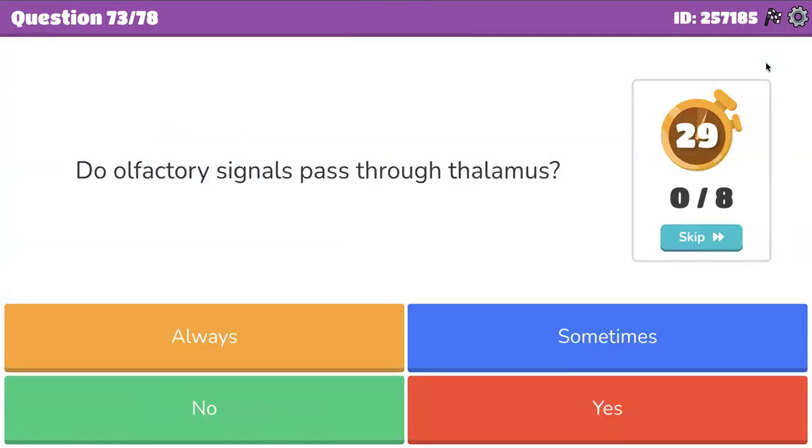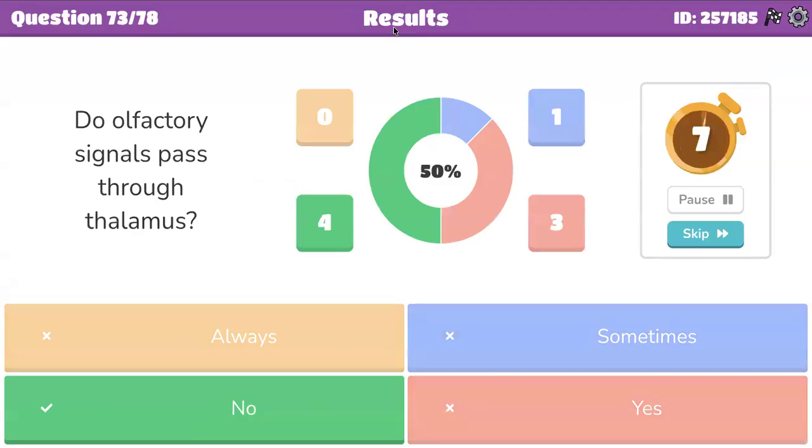Do olfactory signals pass through the thalamus? No, they do not.